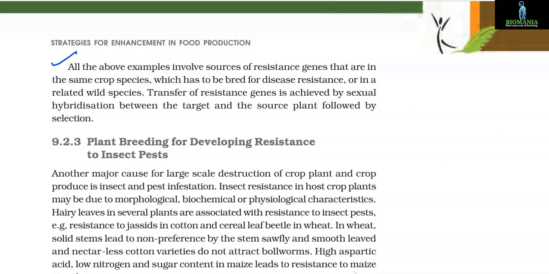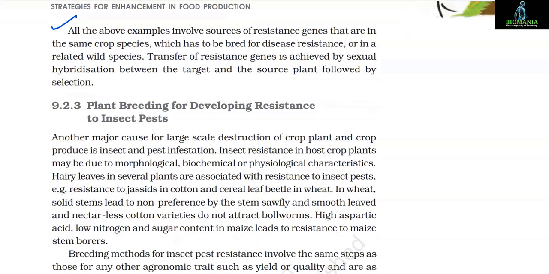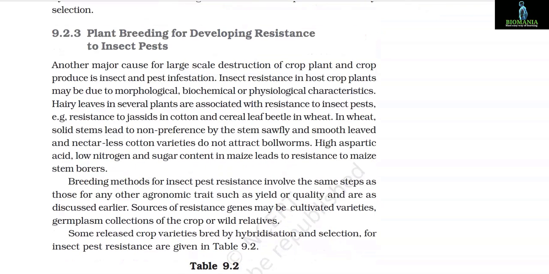All the above examples involve sources of resistance genes that are in the same crop species which has to be bred for disease resistance, or in a related wild species. Transfer of the resistance gene is achieved by sexual hybridization between the target and the source plant followed by selection.